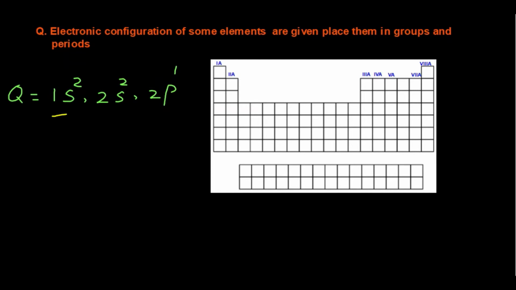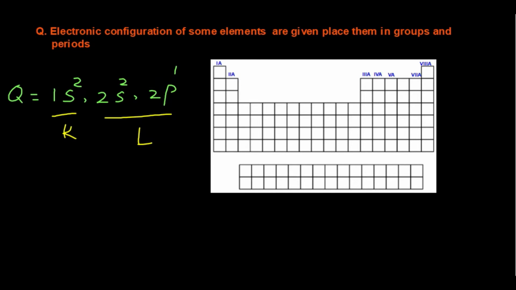1s2 belongs to K shell. 2s2 and 2p are the subshells of L shell. So we will write their n values. What is the value of n for K shell? For K shell, n is equal to 1. And what is the value of n for L shell?